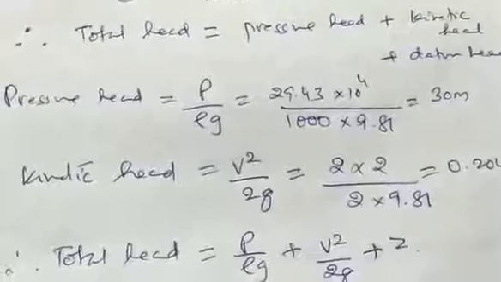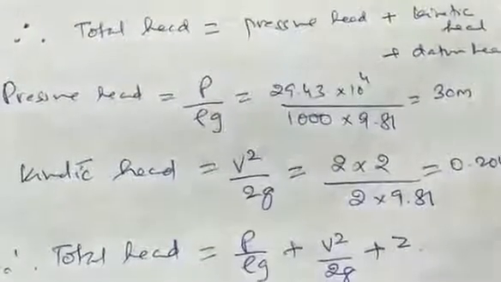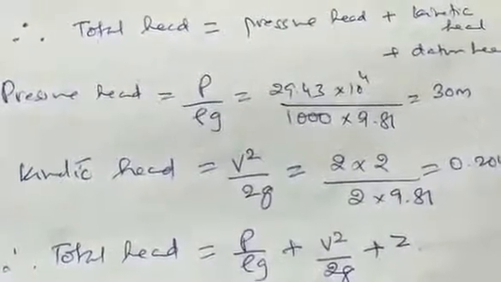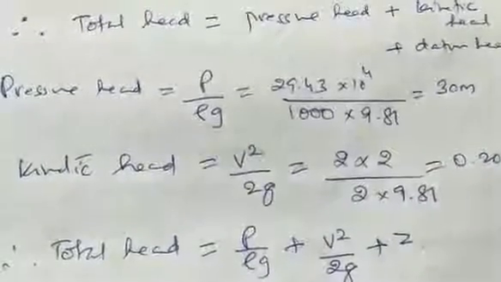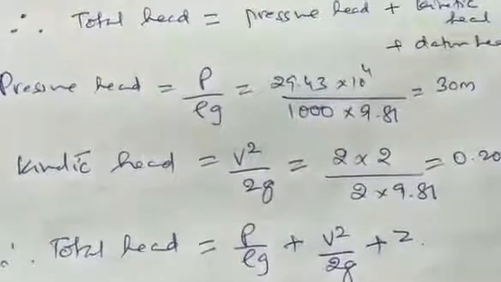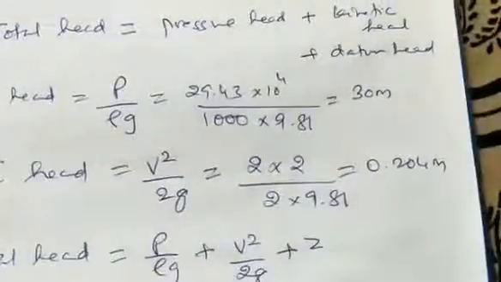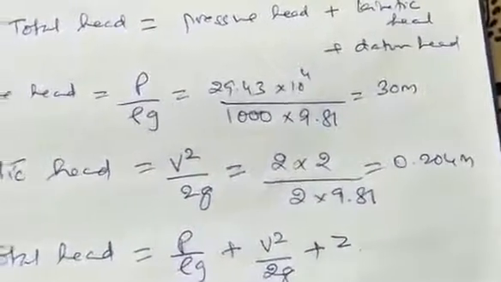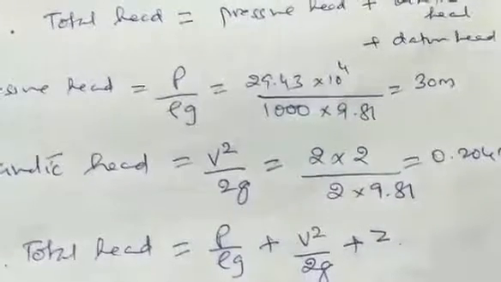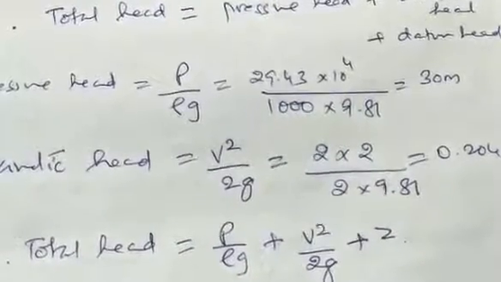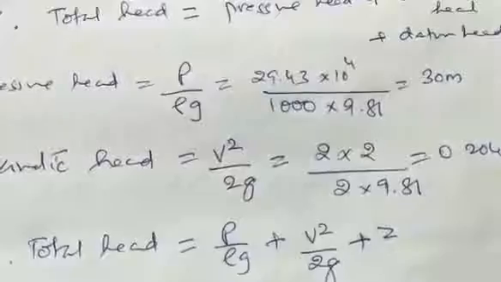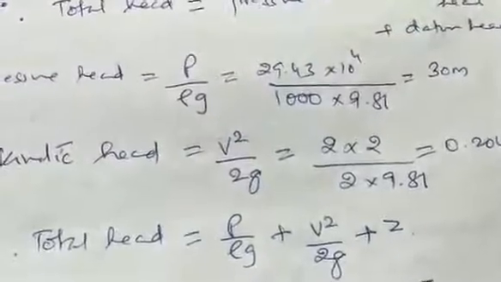Next is the kinetic head. Kinetic head is given by V square by 2g, where velocity is given as 2 meter per second. So V square is 2 square divided by 2g, and you will get 0.204 meter. Next, the total head is equal to the pressure head plus the kinetic head plus the datum head.